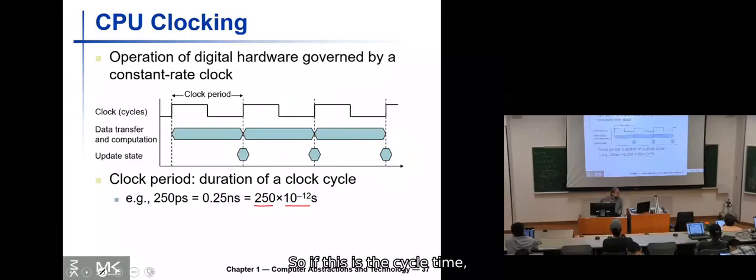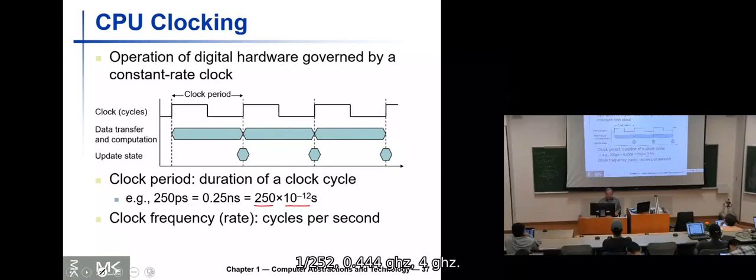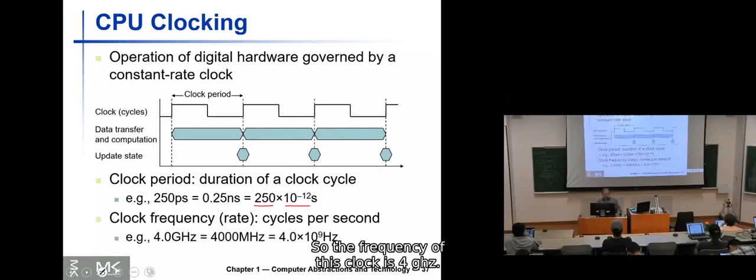If this is the cycle time, what would be the frequency? The frequency is the reciprocal of that. 1 over 250 picoseconds is 4 gigahertz. So the frequency of this clock is 4 gigahertz.